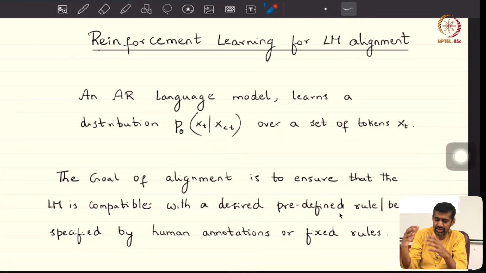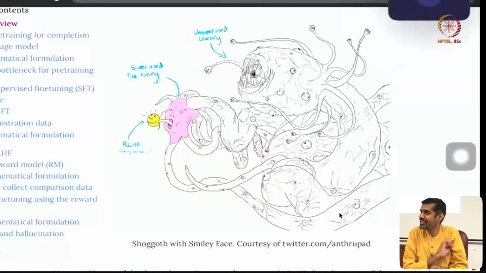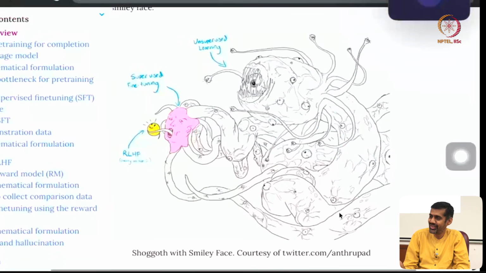See, what happens is, when you train these autoregressive transformers on internet scale data, it has good, bad, ugly, everything. Actually there was this nice picture, let me just show if this is the picture. So what they show is as follows.